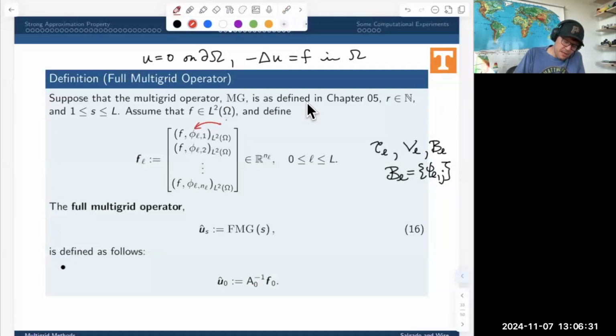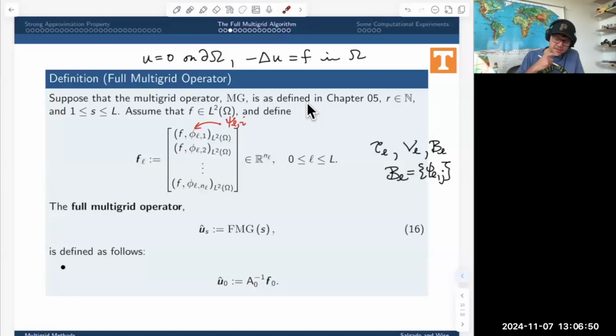These here should be psi's, psi_L,i. Not phi, we didn't use that notation. So if I integrate against psi_L,i, for i equals 1 up to N_L, this gives me the components of this vector F_L. This was what we saw in the finite element process. We need this vector to solve the problem at each level.